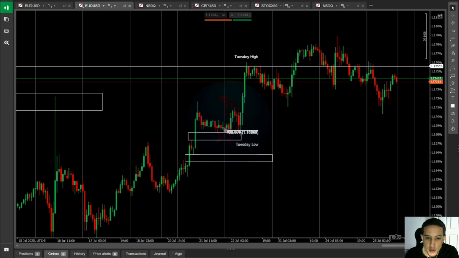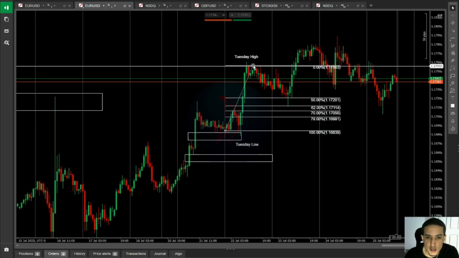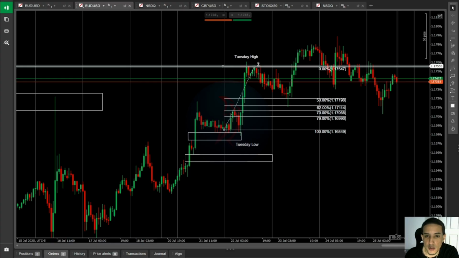So what we do is just draw it from Tuesday's low into Tuesday's high, and Wednesday you can see the market retrace straight into that 62% level. We would buy here and we would target Tuesday's high, and if you want to, 10, 20, 30 pips above Tuesday's high as well.